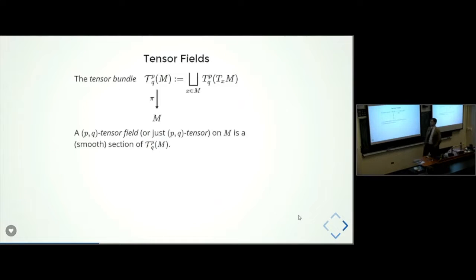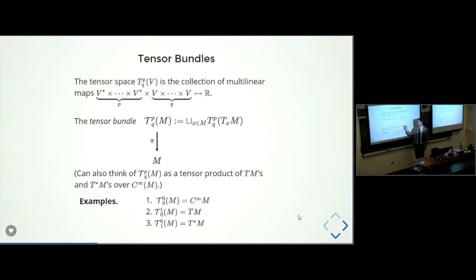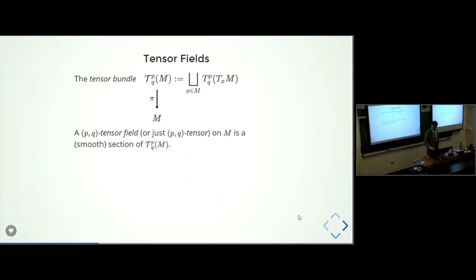And so a tensor field is, again, I've now done this 3 times: I had a vector bundle, and I define a whatever field to be a smooth section of that bundle. Same thing here. Formally, you should really call these things (p,q) tensor fields. Almost always, this just gets called a (p,q) tensor because people are lazy. In some sense it really is an actual tensor, not a tensor field, if you're thinking of a tensor product over C infinity of M, but that tends to not be how people think about it.